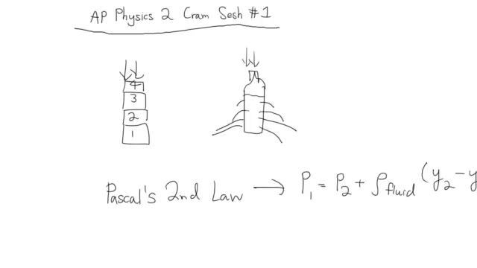So as you can see, this doesn't necessarily show how pressure changes with depth. It shows how pressure changes with a variation in depth. So as you go deeper, by the way, y is not the height; it's the depth in this case.